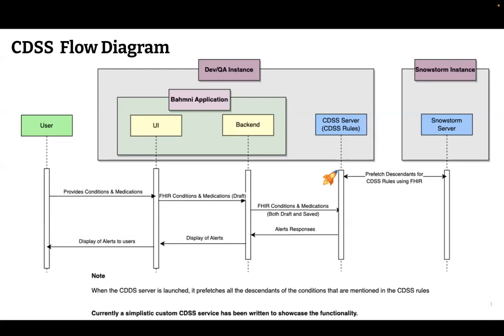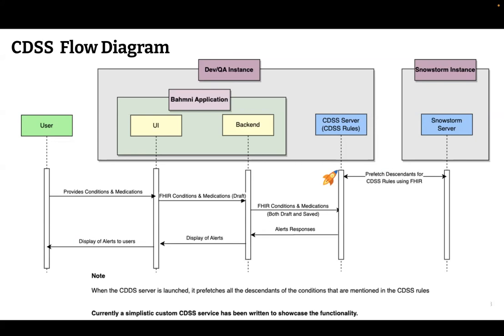This CDSS server is filled with CDSS rules that have been custom built for showcasing this functionality. On the other hand, we have the Snowstorm instance, which is housing the Snowstorm server from where we get the SNOMED terminology terms.